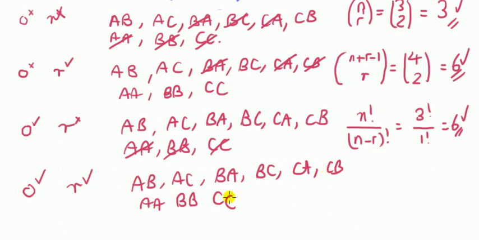Repetition is allowed, so that means we're now allowed AA, BB, CC. So in other words, we've got 9. 6 plus 3, answer is 9. From the formula, we know in this case we have to apply n to the power of r, which is 3 to the power of 2, 9.